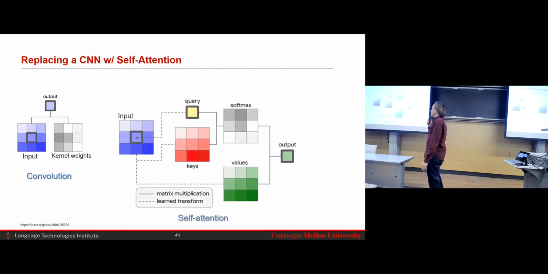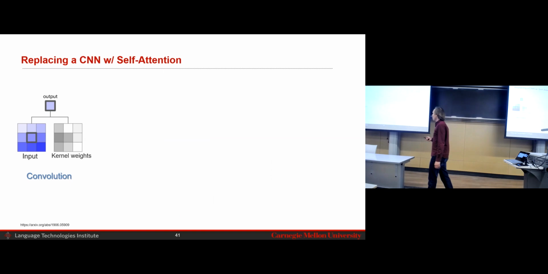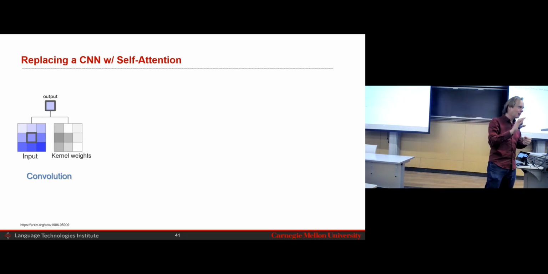Some people know that paper, yeah, good. So the previous convolution is you have an input and you learn static parameters that will look for a pattern. You're looking for a pattern in the image.